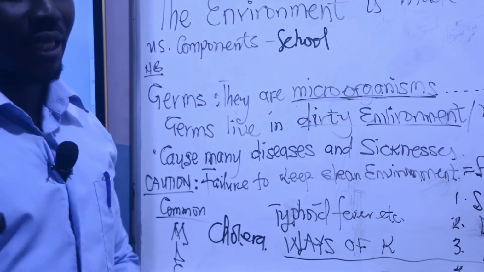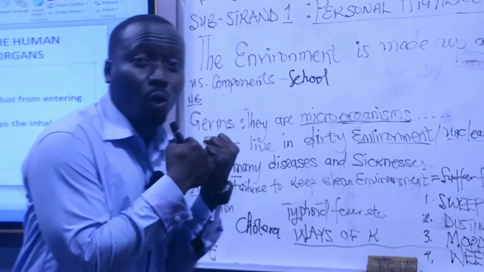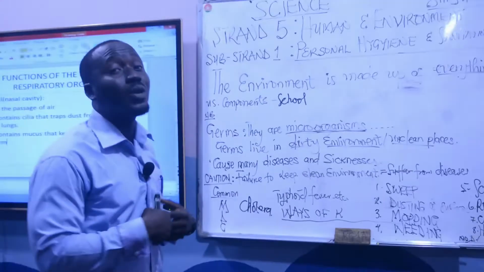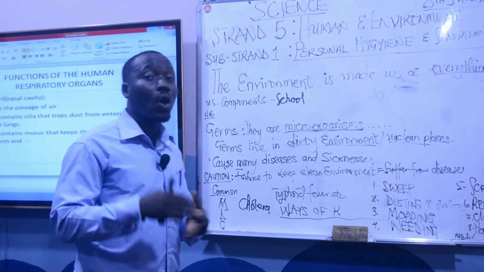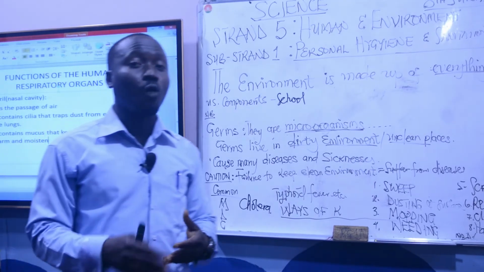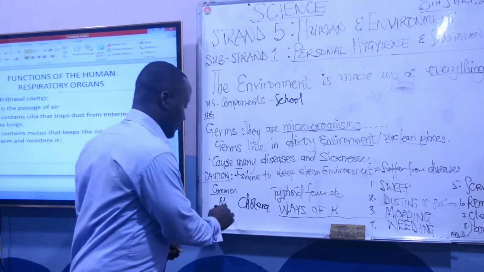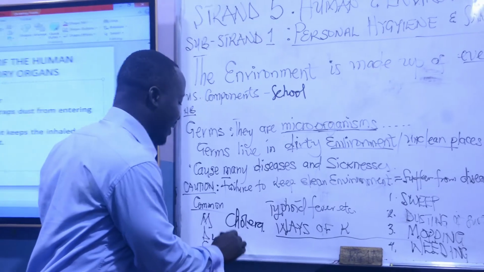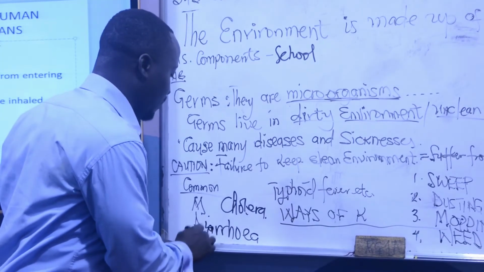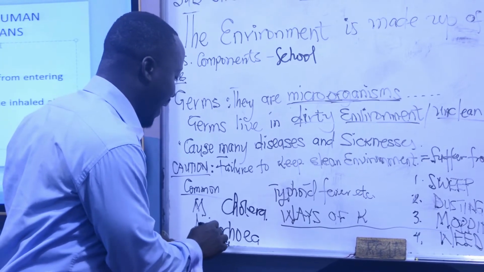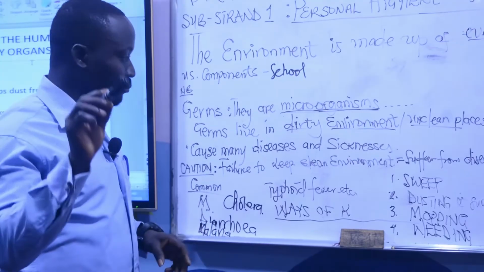When you fall sick, you may feel very cold always, or you may always be vomiting. Cholera, diarrhea, malaria, all these are examples of such sicknesses. Diarrhea is also another example. As I've said already, malaria is also another example of diseases caused by germs and living in dirty environments, to be precise.